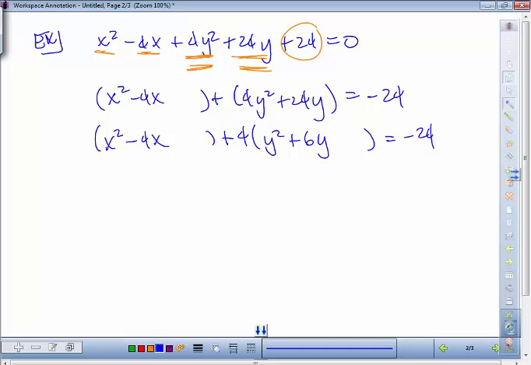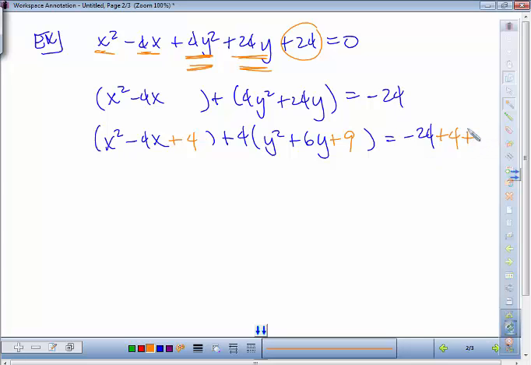So now let's figure out what to add to both sides to complete our square. Like I said, the first one wasn't too bad. You got 4. Half of 4 is 2, and you square that, you get 4 again. So we're adding 4 to both sides. Now, in completing the square here, half of 6 is 3, and then 3 squared is 9, right?